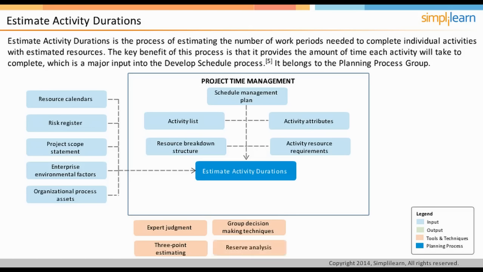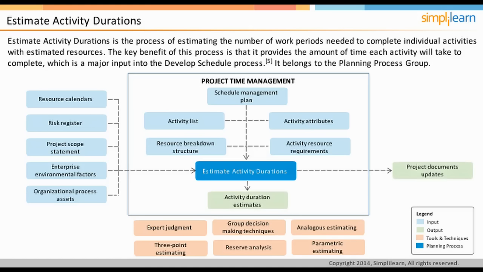Reserve analysis adds buffer into the project schedule to deal with any uncertainty. The contingency reserve may be added as a percentage of the activity duration or fixed number of work periods. The other tools and techniques are analogous estimating and parametric estimating. The outputs of this process are the activity duration estimates and project documents updates.